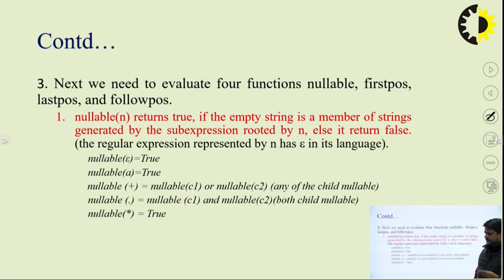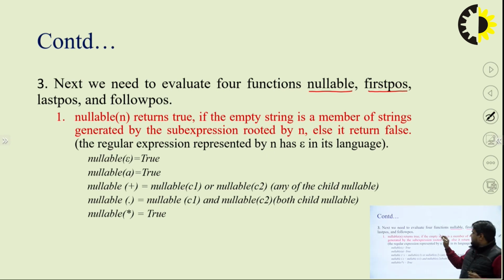Next, we need to evaluate four functions. The first one is nullable, the second is first position, the third is last position, and the fourth is follow position. Let us discuss them one by one.